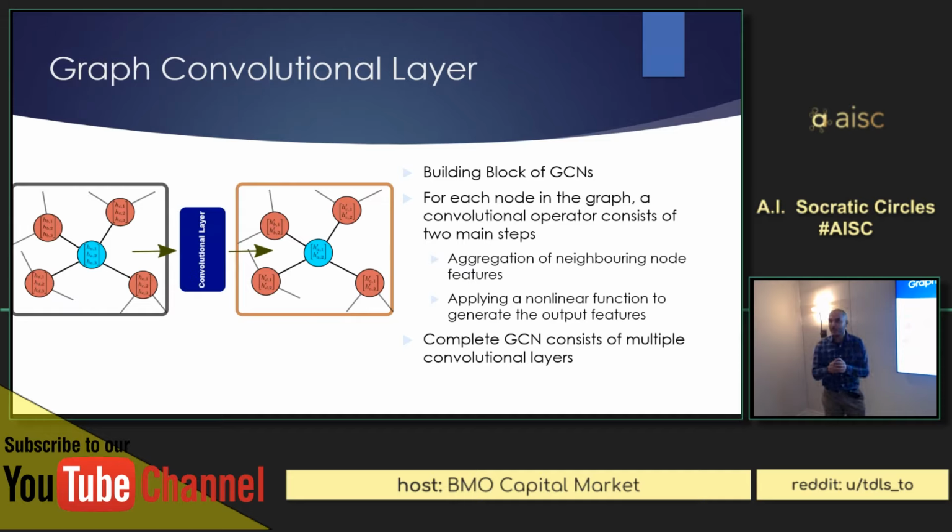Maybe at the center of the network, it's one of the hidden states, right? So every convolution layer deals with an input and an output. The inputs are the feature vectors at each node, and the outputs are also feature vectors at each node, but they may have different dimensions.